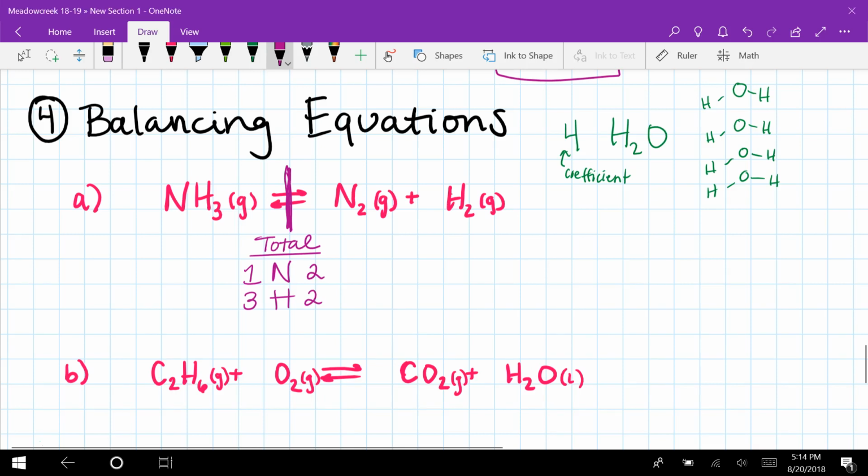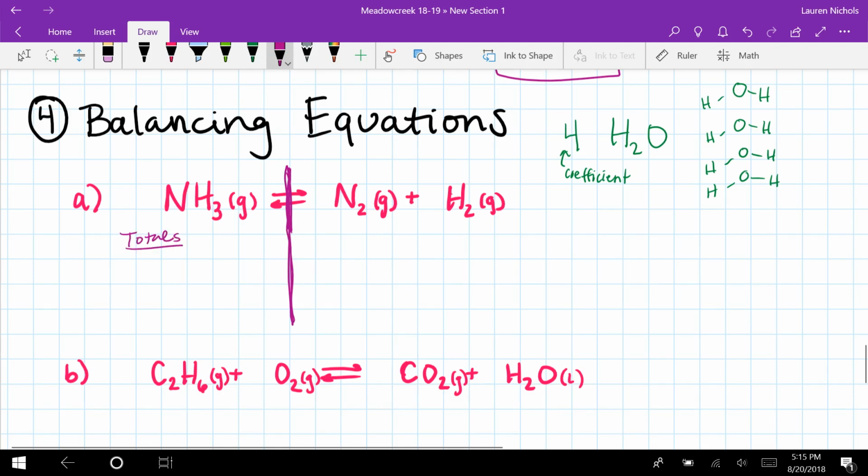Now, some people find this method, the way of looking at it, a little bit confusing. And so one way that some people have chosen to adjust is they split their workspace in half as well. And they keep their totals for each side separate. So they would count nitrogen, we have 1, hydrogen, we have 3.